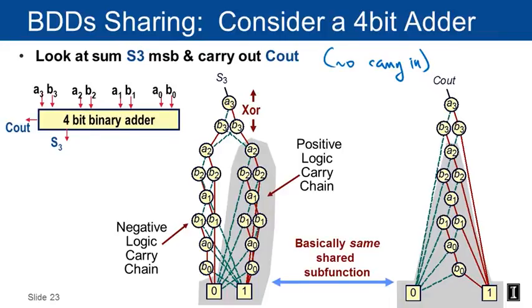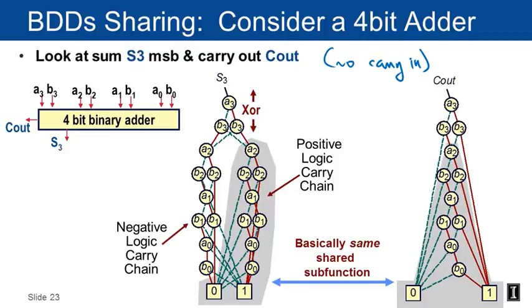It's got a lot of exclusive OR structure because things on the inside of adders are lots of exclusive OR kinds of things. And it's got a positive logic carry chain that tells you when the carry wants to be a 1, and it's got a negative logic carry chain that tells you when the carry into the high order bit wants to be a 0, and then you can decide, based on those two things, with a little bit of XOR computation at the top, whether the sum 3 bit is a 1 or a 0.